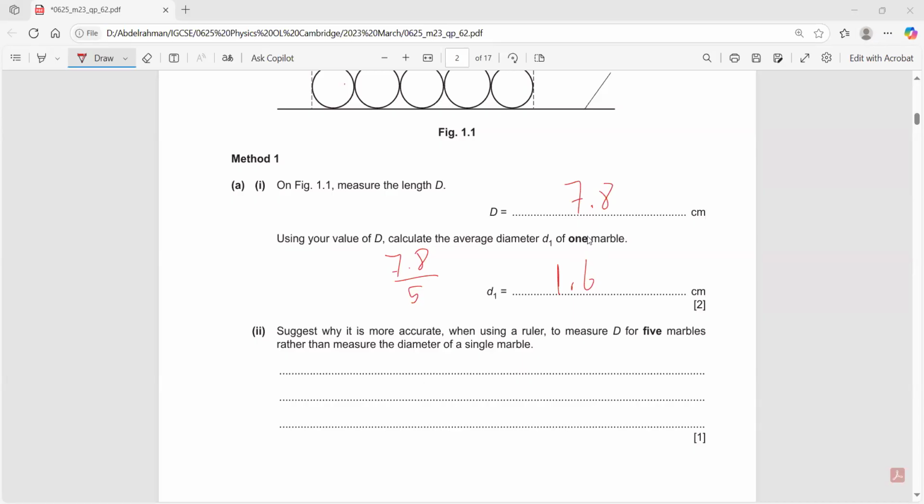I'm a bit uncertain whether I started at zero or not, or if there is a zero error on my ruler. So to decrease the percentage of error.